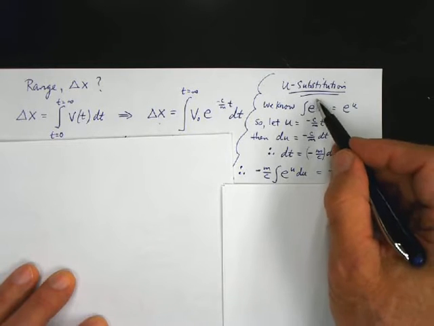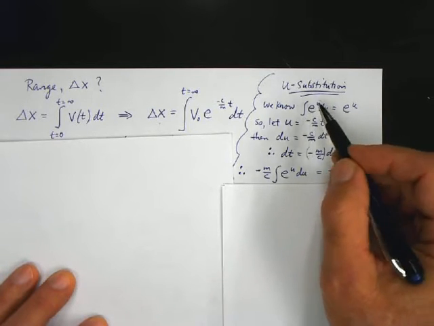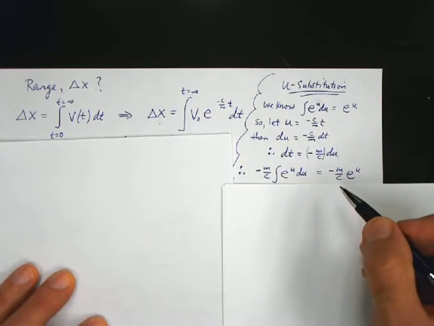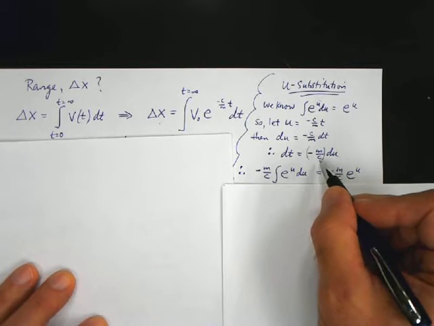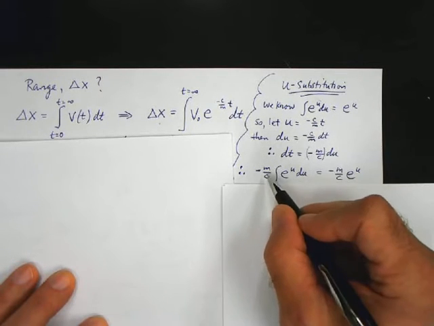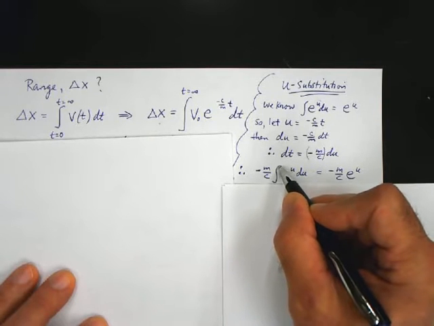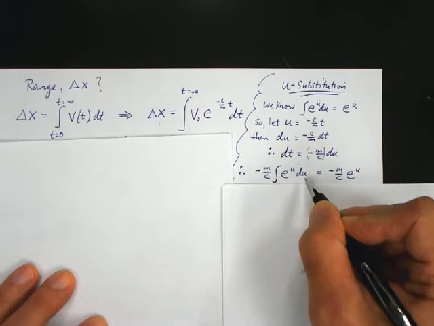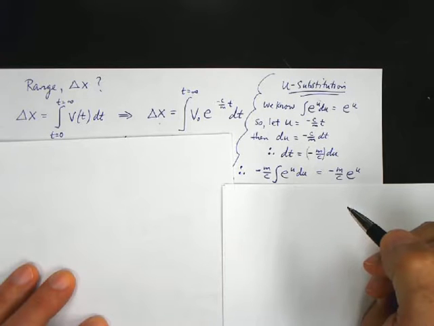Therefore, it's this negative m over c here that's the only difference between what we have here and what we have here.